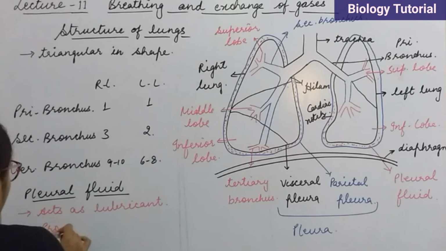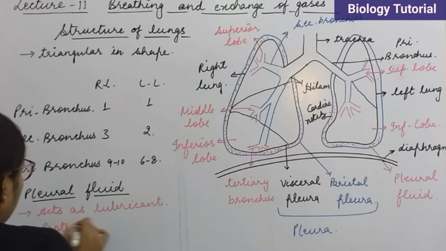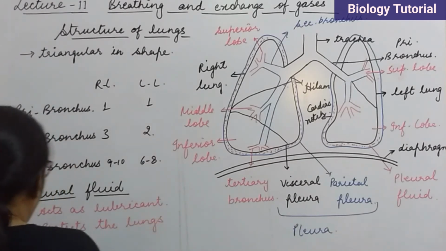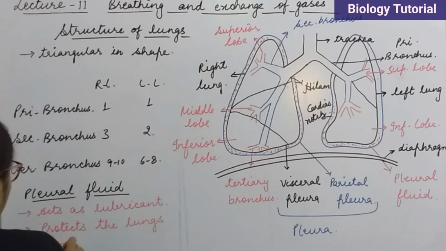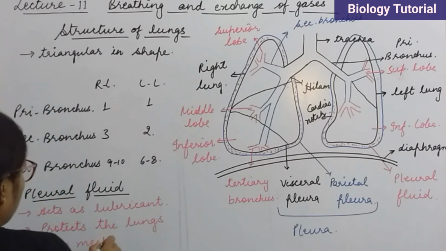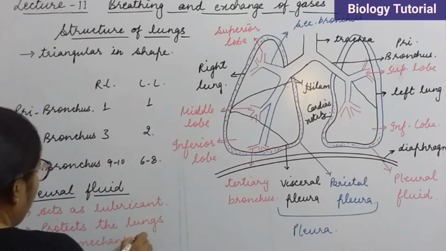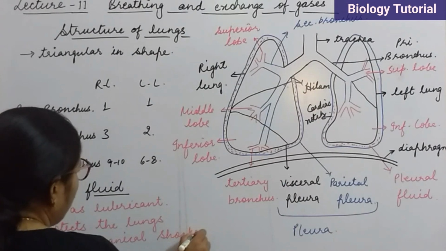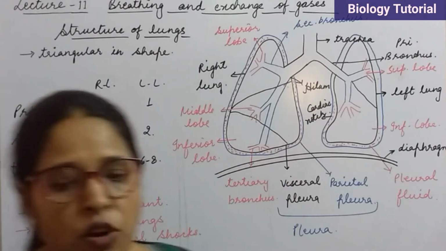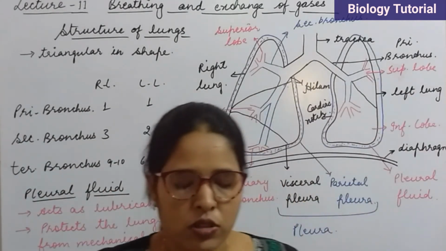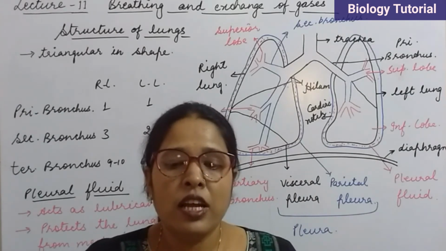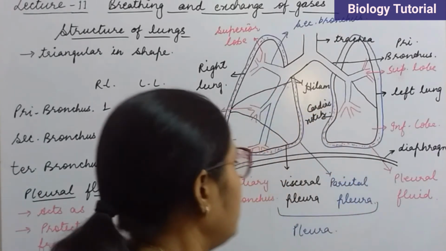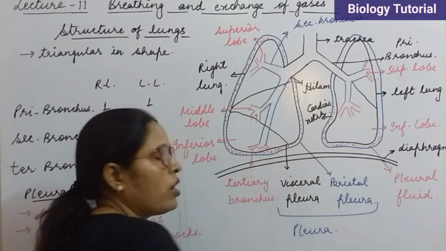So it protects the lungs from mechanical shocks. During contraction and relaxation, this fluid protects the lung from mechanical shocks. Next one is, it holds both the membranes together. These are the visceral and parietal pleural membranes.